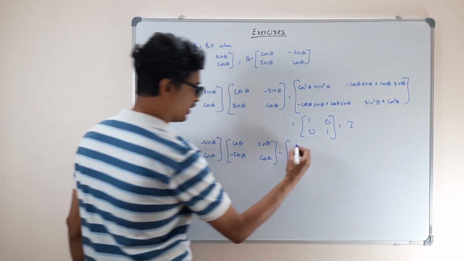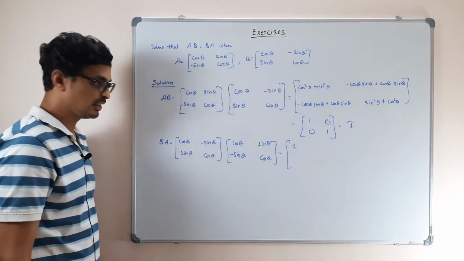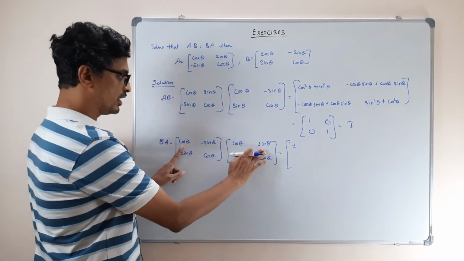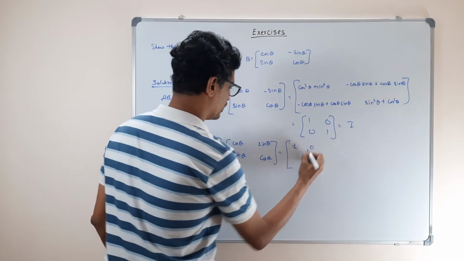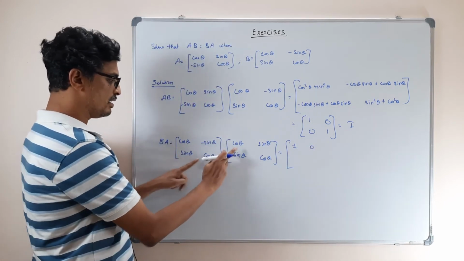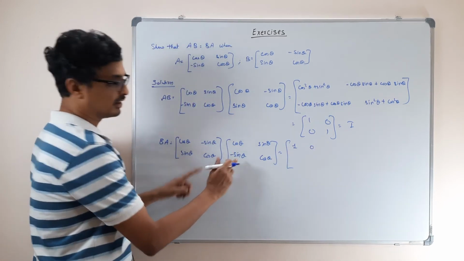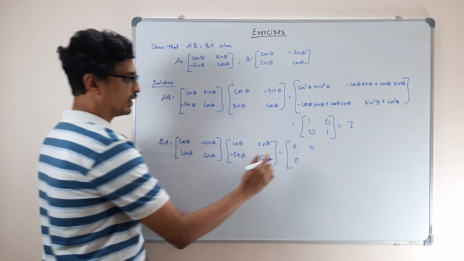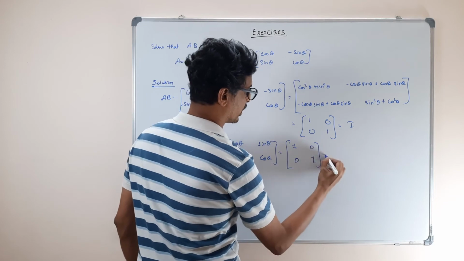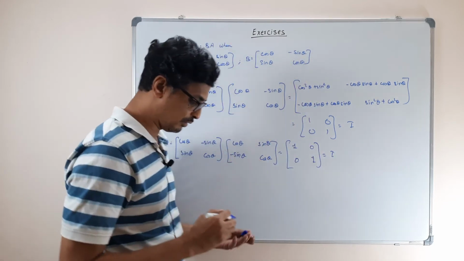Correct? That is 1. Am I right? Cos theta sin theta minus cos theta sin theta. That is 0. Similarly, sin theta cos theta minus cos theta sin theta. That's also 0. Sin square theta plus cos square theta. That is 1. That's all the identity matrix. Therefore, they both are equal.